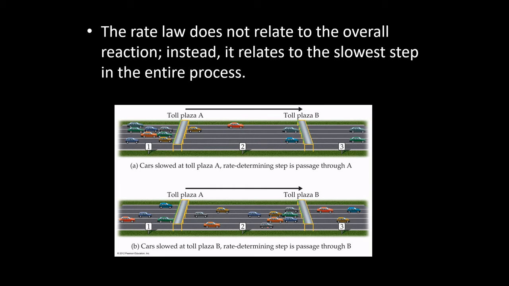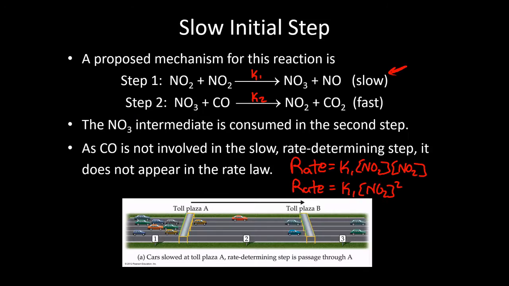Chemically speaking, if molecules are slowed down and they're waiting and waiting to go through the second step of the reaction, some of them will go back and undergo the reverse reaction, to go back to the initial reactants state.